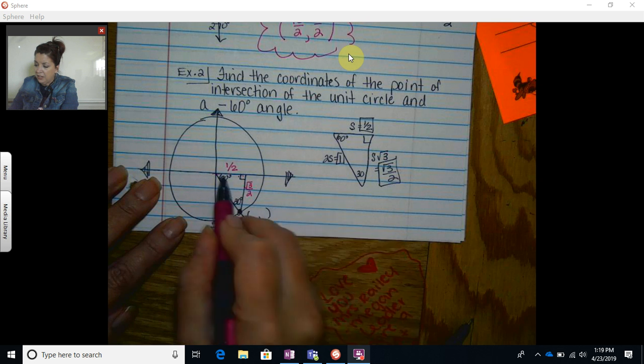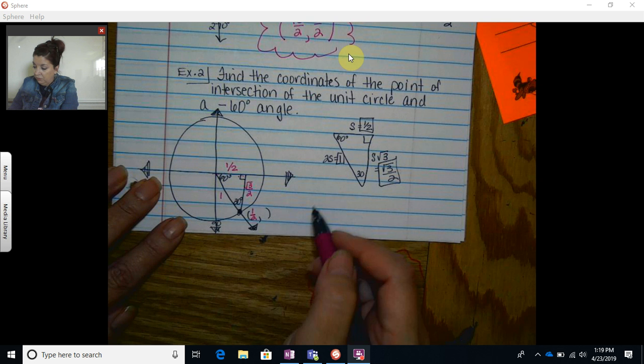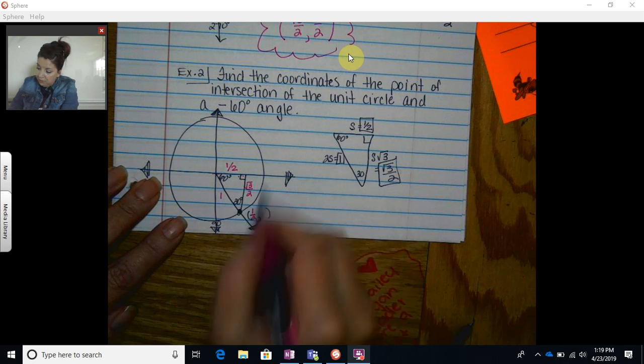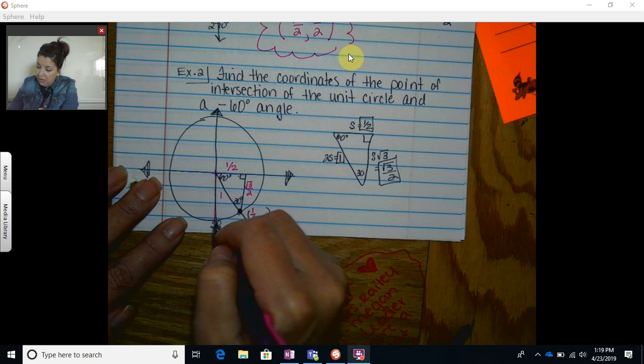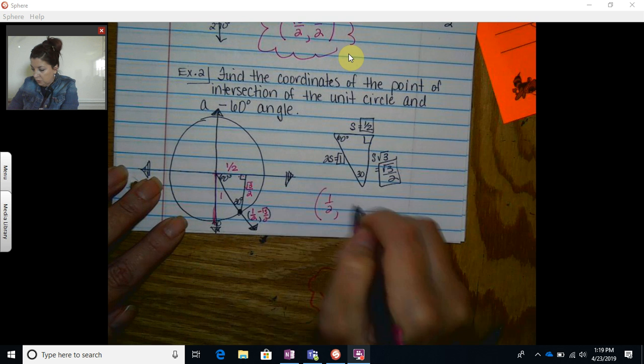Right, x is positive. Your y value is going to be the height, which is square root of 3 over 2. And y values in this quadrant, which we get from the y-axis, are they positive or negative? Negative. So my answer is 1/2, comma, negative square root of 3 over 2.